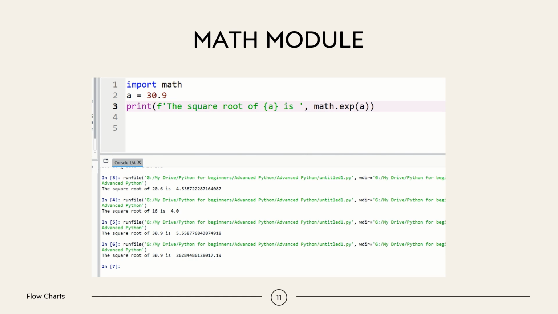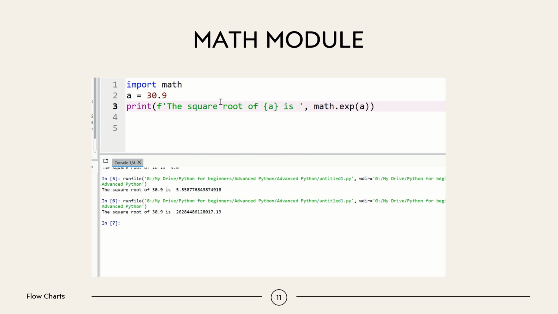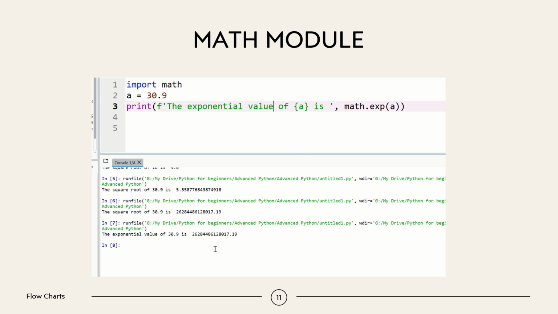So listen here. Math has another function called exp of A, which is going to give you the exponential value of A. If you run this program, the exponential value of A is exp of A. So all kinds of mathematical functions you can do.